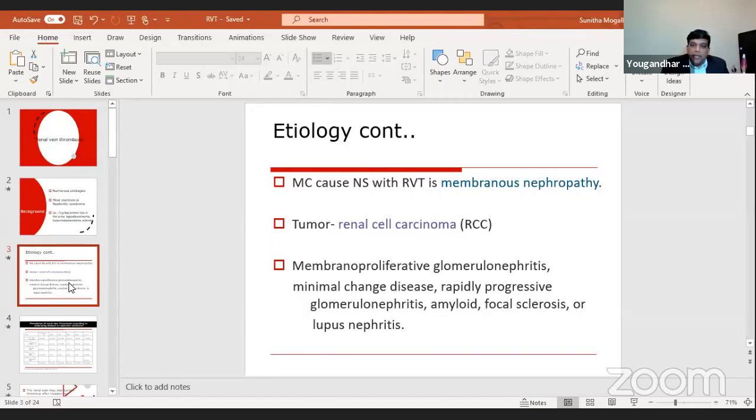But the majority will be membranous, so if you see a patient with membranous nephropathy, keep in mind these patients can clot, and have a higher vigilance to start them on anticoagulation. There are certain tumors that can present with renal vein thrombosis. The predominant and most common tumor is obviously renal cell carcinoma.